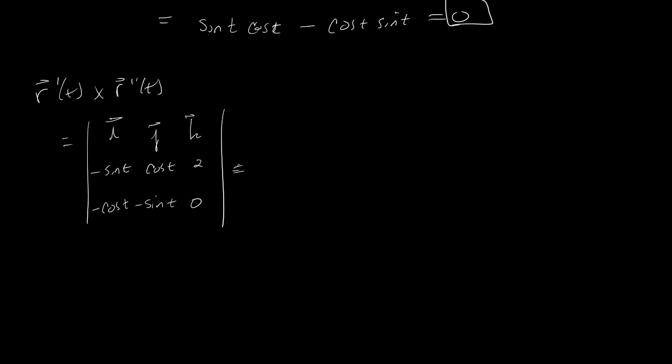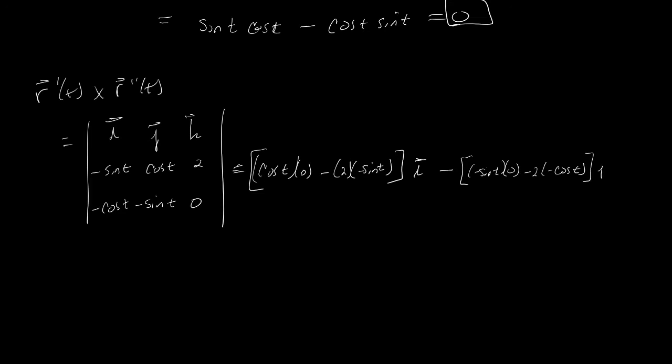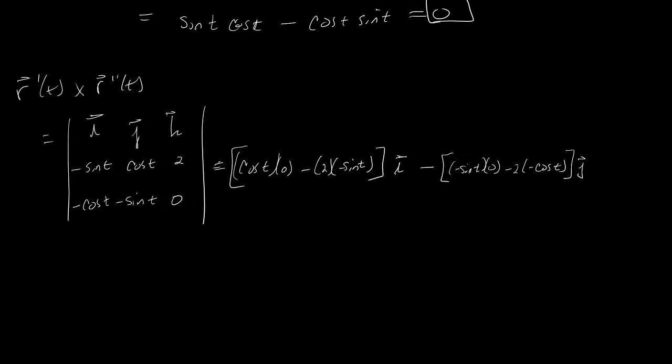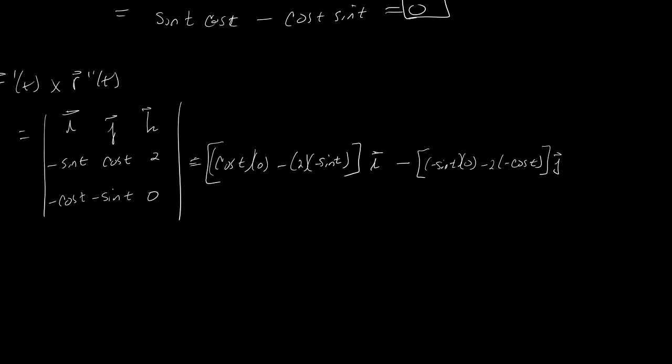For the I component, we have cosine t times 0 minus 2 times negative sine t. That's our I component. Minus, because it's the j component, negative sine t times 0 minus 2 times negative cosine t. That's our j component.